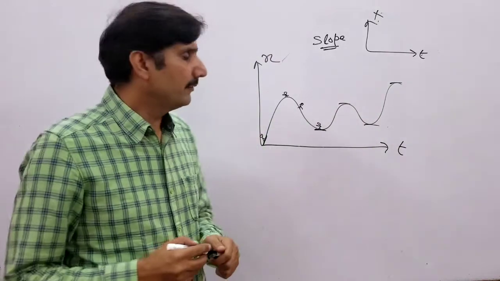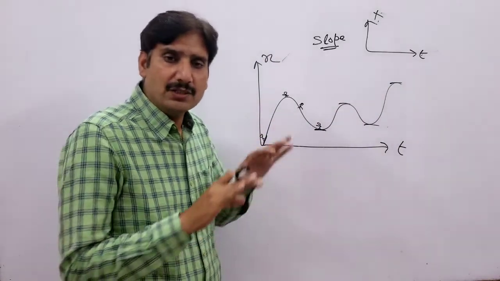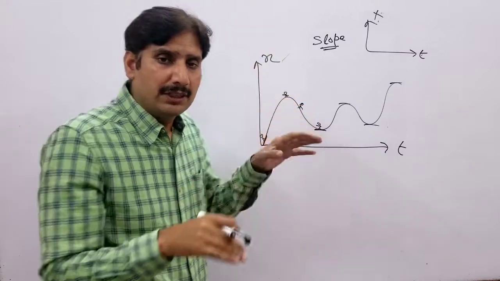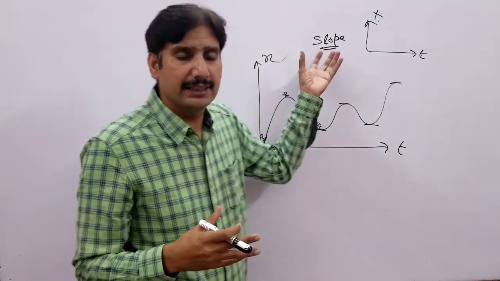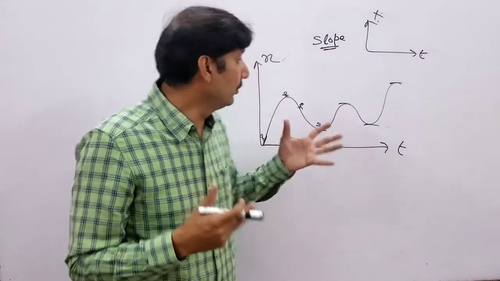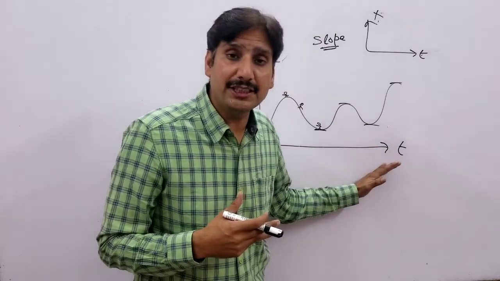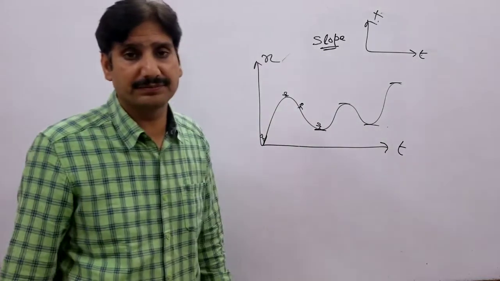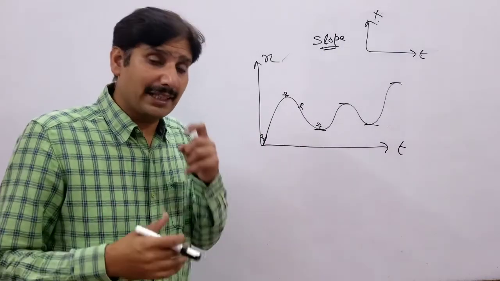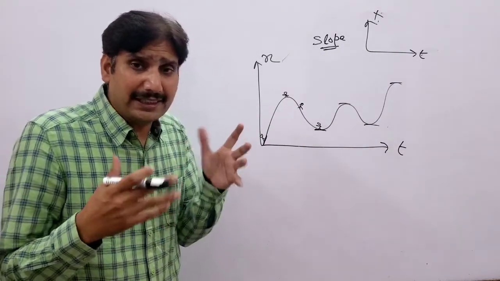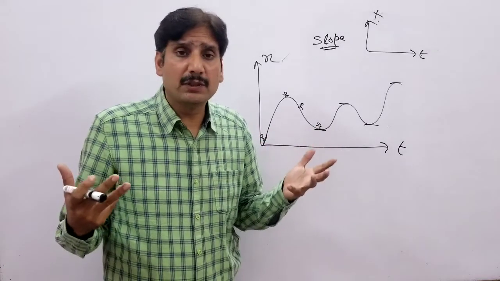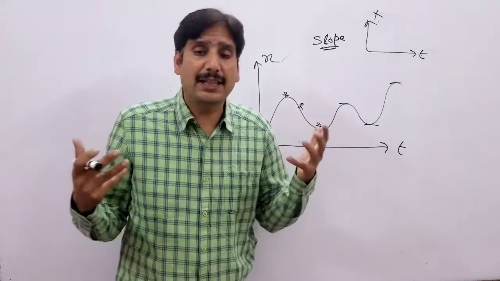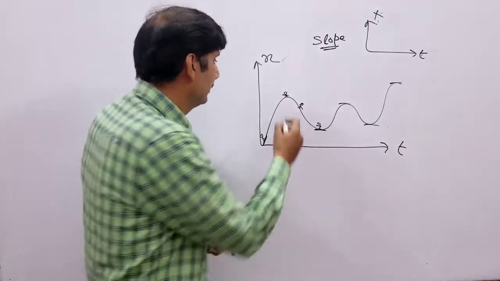Just by looking at how steep the curve is going up or down, you have gathered information about its velocity. Although you were given only a position time graph, you can draw inferences about the velocity of the body. At the same time, can you tell me at what time the velocity became maximum and at what time it became minimum?